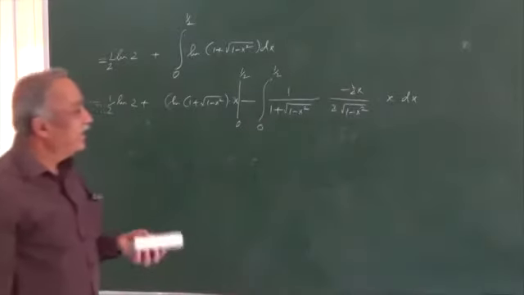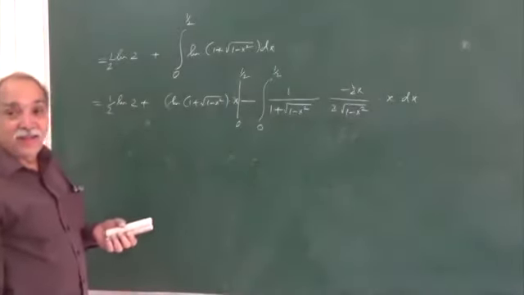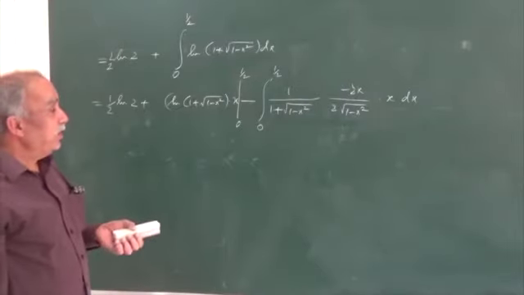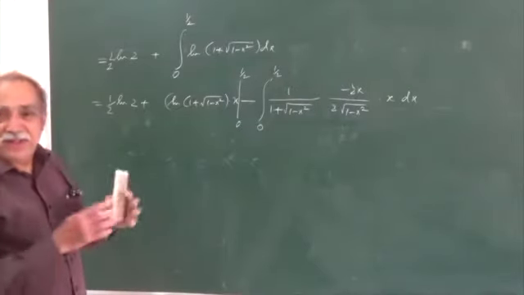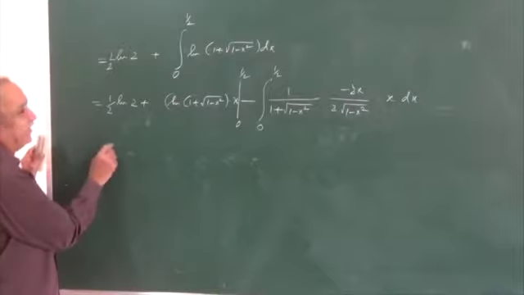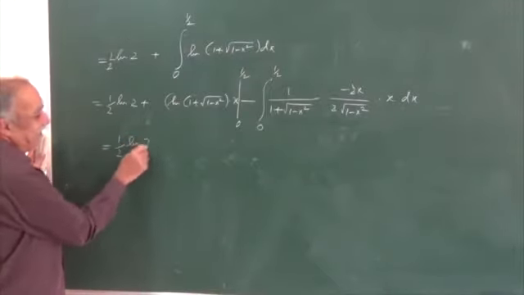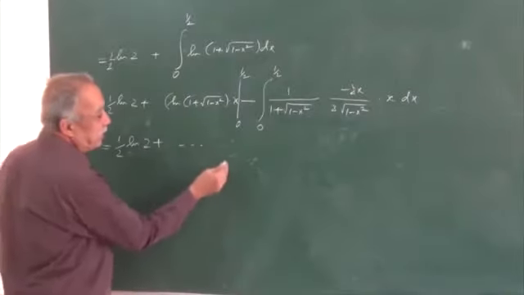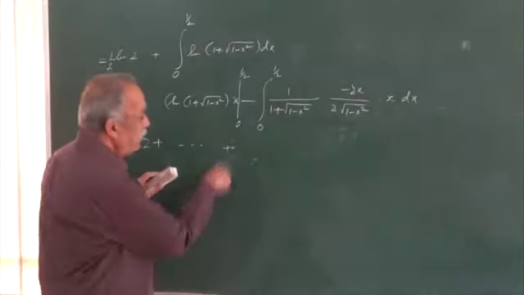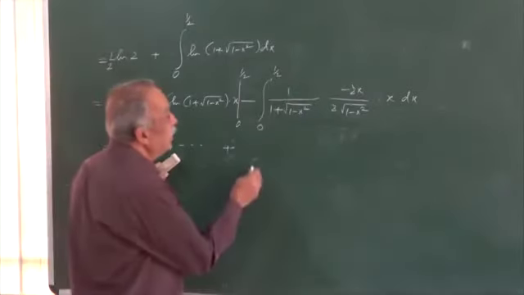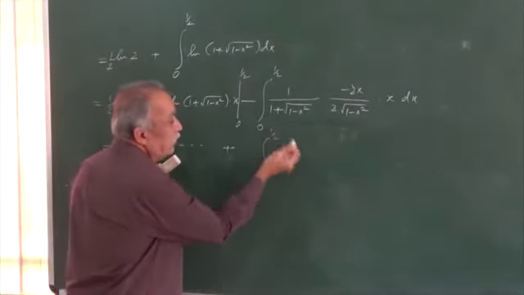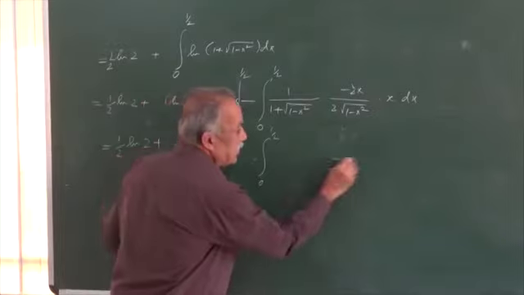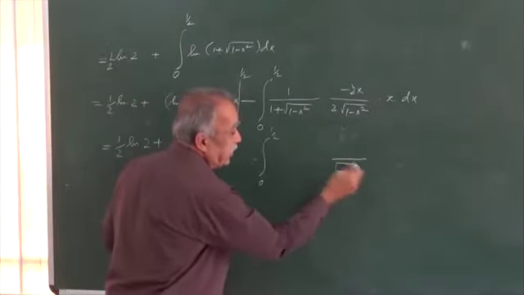Rationalize and, okay, numerator becomes 1 minus root 1, break the integrand. Fine. Application of limits gives some number minus half minus integral 0 to half of. Keep the second denominator unchanged.